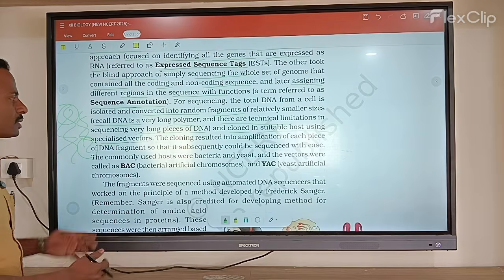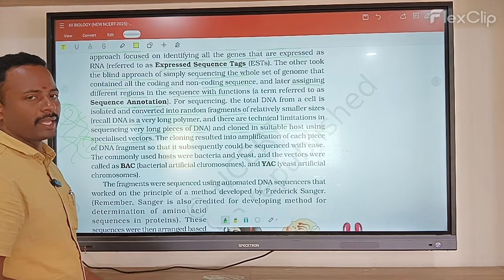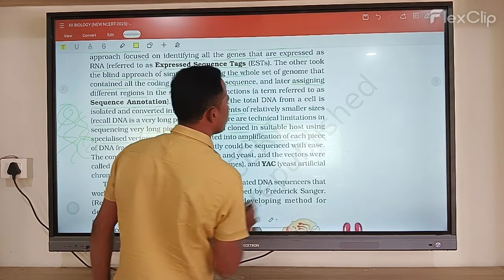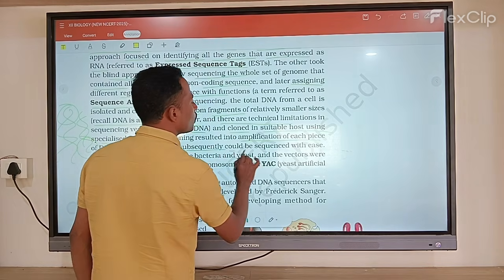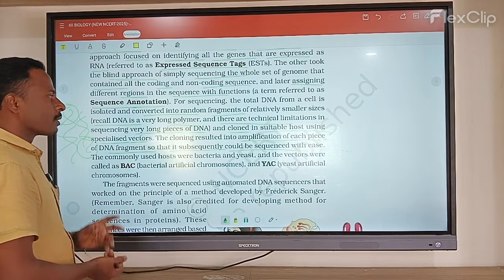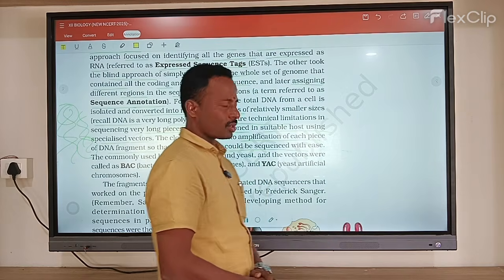Some vectors are used to easily modify the number of genes that get produced. The cloning results in amplification of each piece of the DNA fragment, so that it can be sequenced. Every DNA fragment gets arranged sequentially.